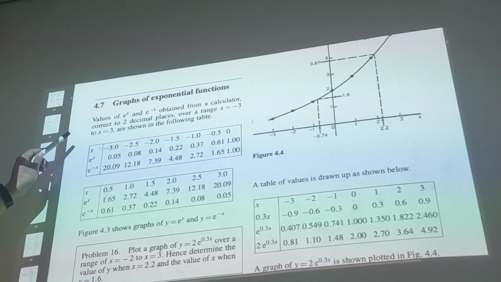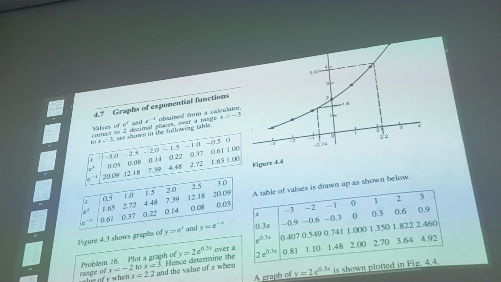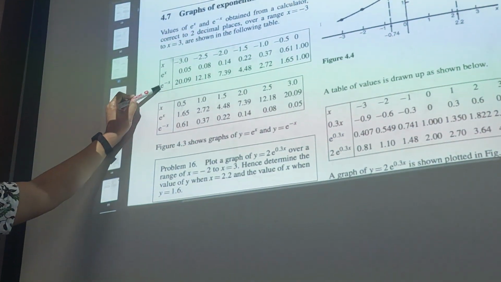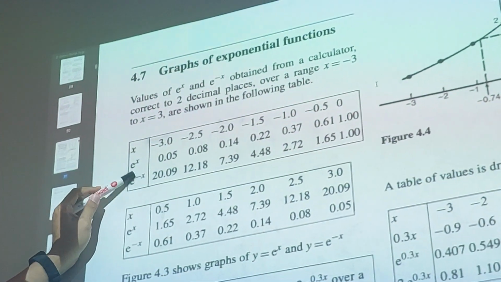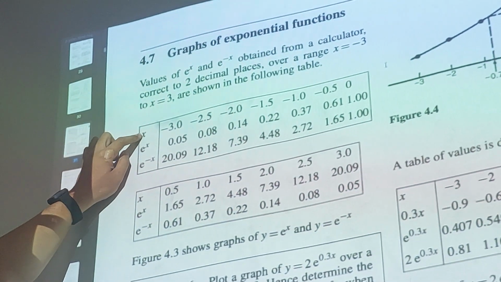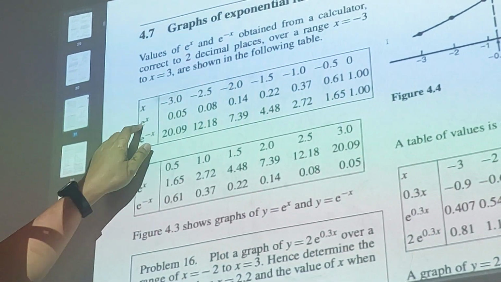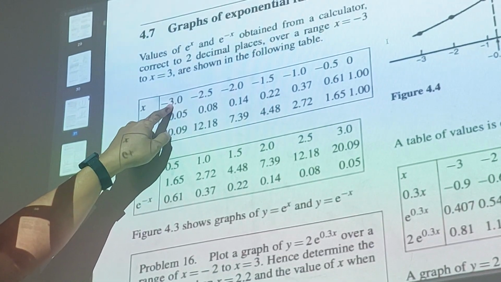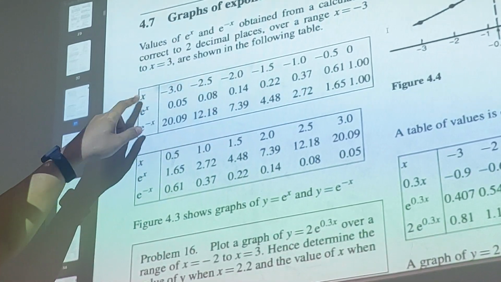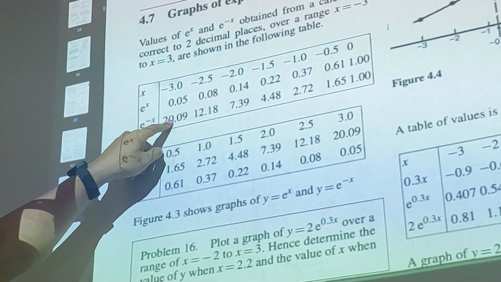For example, if you want to make the graph of the exponential function, for value a power by x and a power by minus x, you must put several values of x. For example, for x minus 3, please put the value of a power by x for minus 3. And also for a power by minus x, for x minus 3, you can put the value.